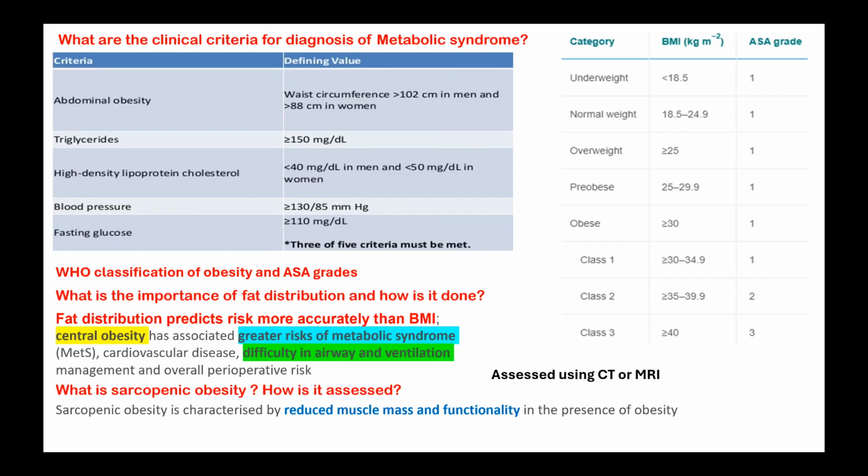So it is mostly clinical. Poor grip strength, history of immobility. Patient is not able to mobilize himself frequently, and slow gait. All these 3 things are only considered as points for sarcopenic obesity.